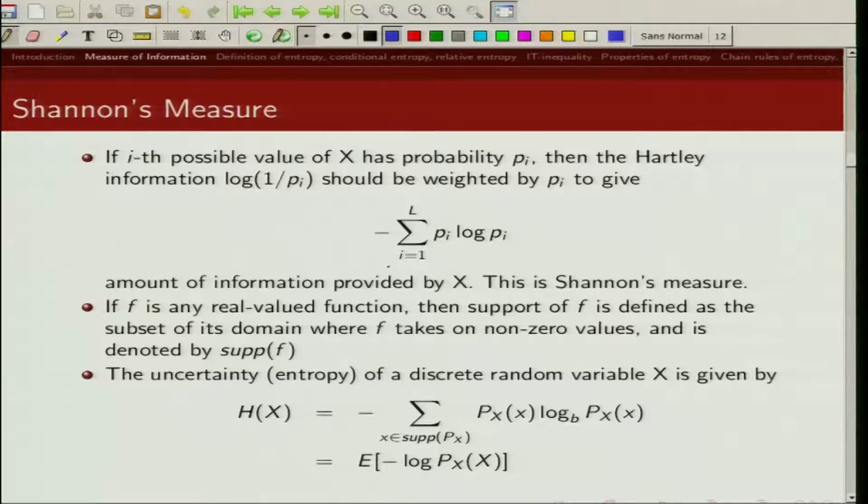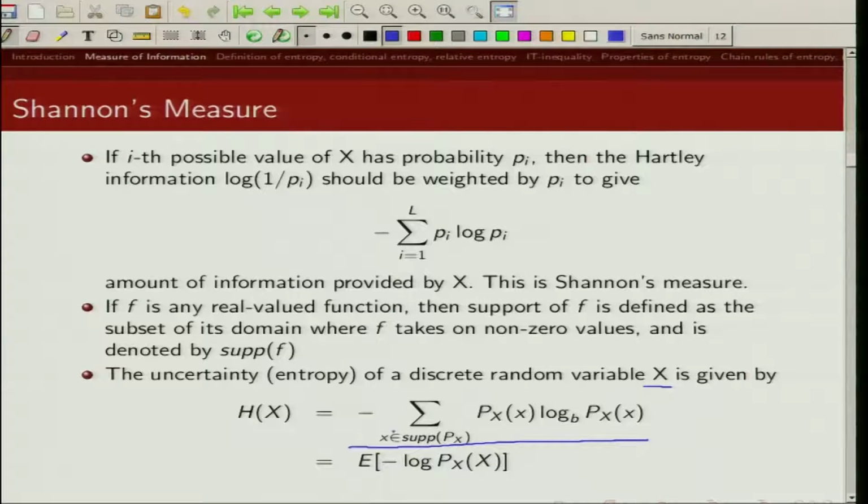So the information content or the uncertainty associated with a discrete random variable X can be written as follows. It is the expected value of minus log of p(x).